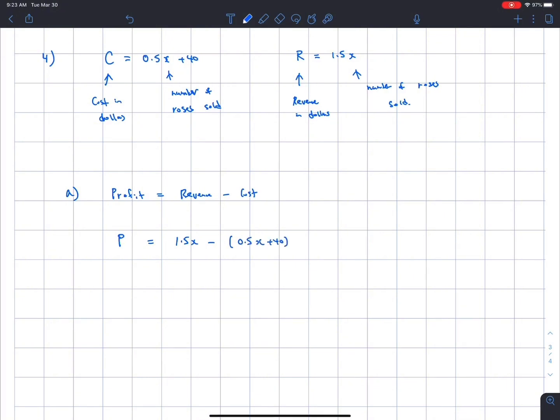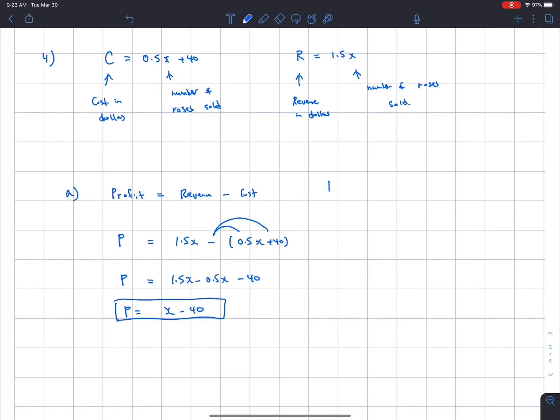Because we are subtracting the entire cost equation, I gave this expression a bracket. I need to subtract the entire thing. So now I can distribute in, I get negative 0.5x. And then negative positive is negative, so minus 40. 1.5x minus 0.5x is 1x. So it will just be 1x minus 40. That's the answer for A.